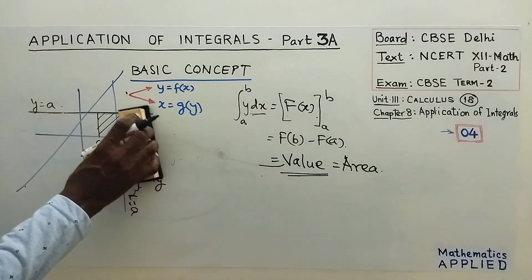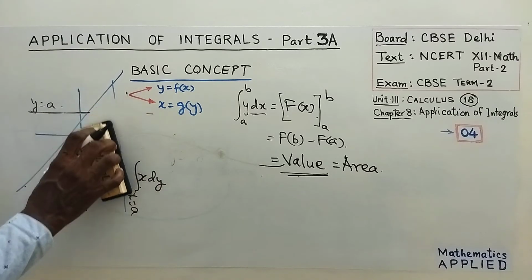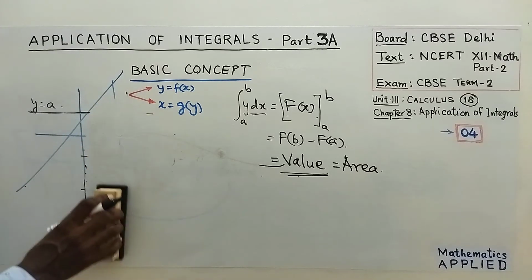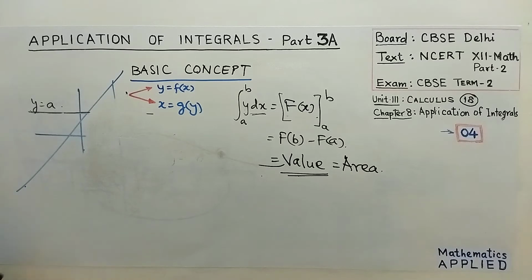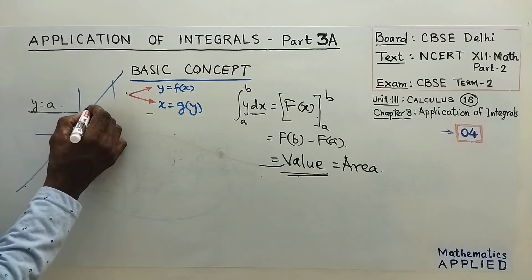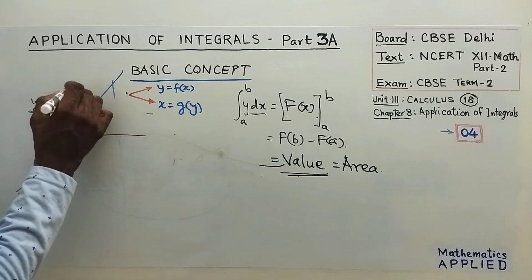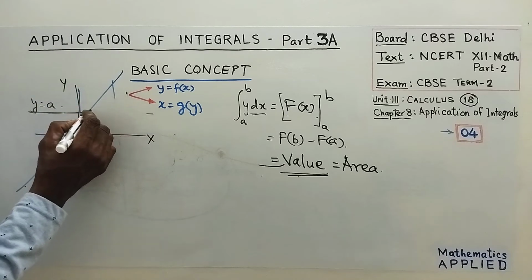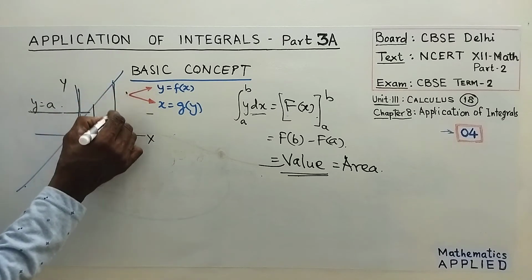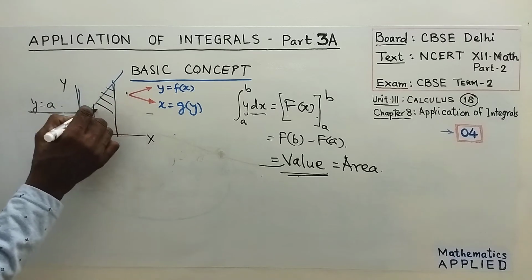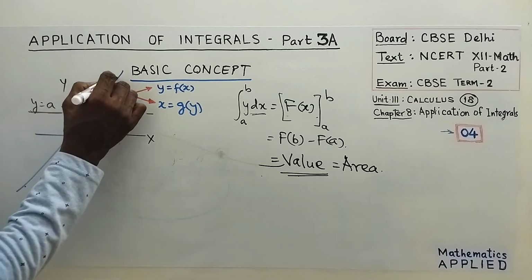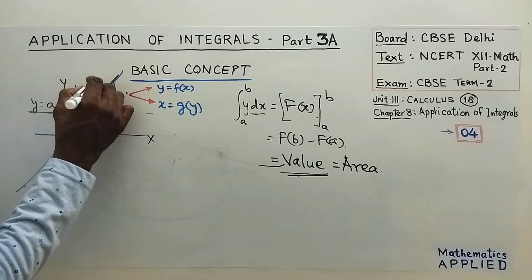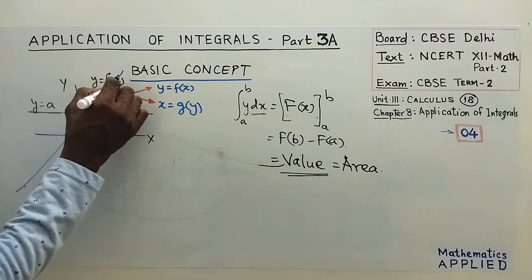If it's an inclined line, what is that then? If it is inclined, then in that case, this is the inclined line, and this is x-axis and y-axis. If I have to integrate this, I can integrate it from a to b. Now this line is y equals f(x), right?